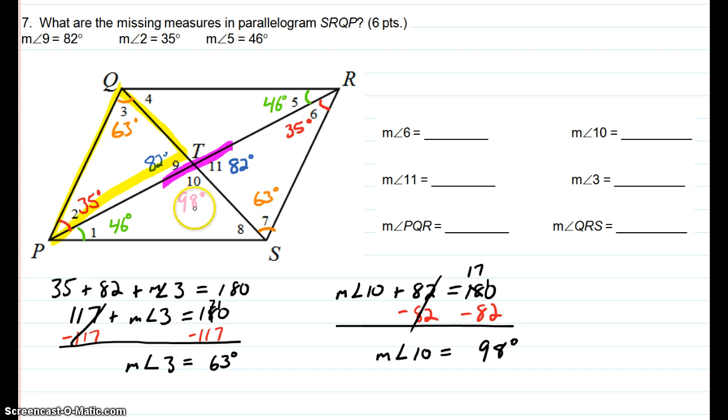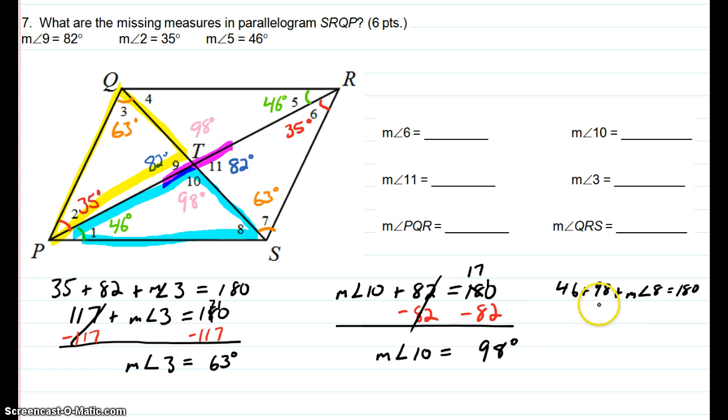So since this is 98 degrees, that means angle T here is 98 degrees. And so now I can use this triangle to figure out what the measure of angle 8 is. So the three angles have to add up to 180. So 46 plus 98 plus the measure of angle 8 has to equal 180.